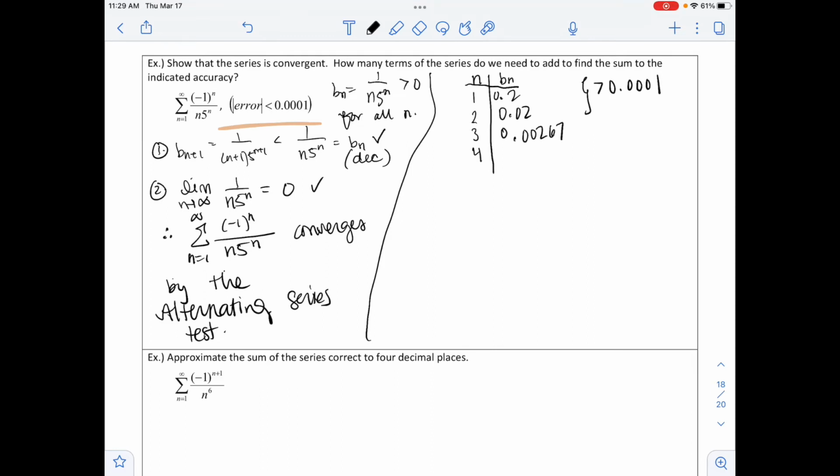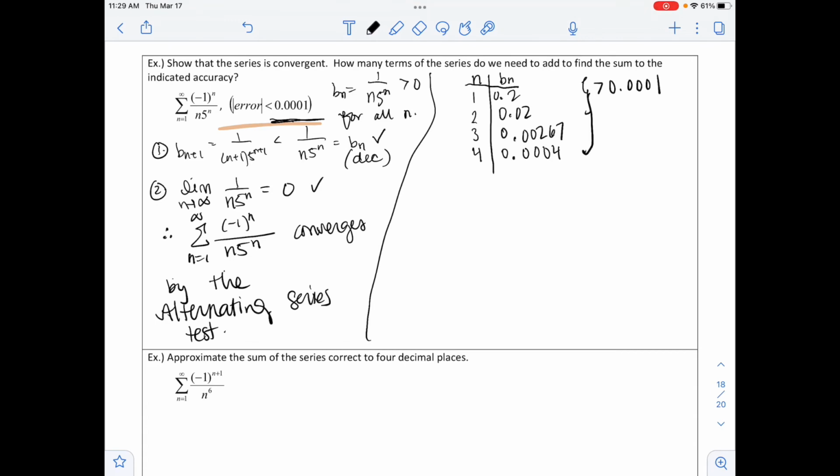So let me look at the fourth term. And when I do plug in 4, I have 1 over 4 times 5 to the fourth power. And this is going to be 0.0004, which is close to that error that we need to be in between. It needs to be less than 0.0001. So this one is also greater than 0.0001.